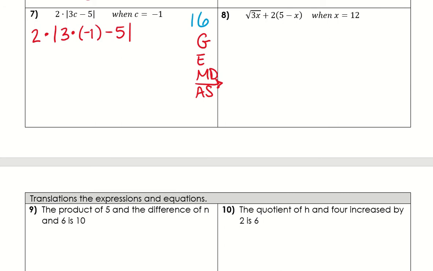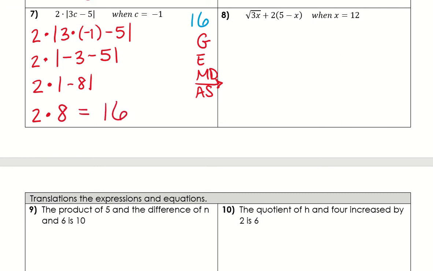So I'm going to do the multiplication first. So I have 2 times absolute value, and I end up with -3 minus 5. -3 minus 5 is -8, but it's the absolute value of -8. So I have 2 times 8, which equals 16.